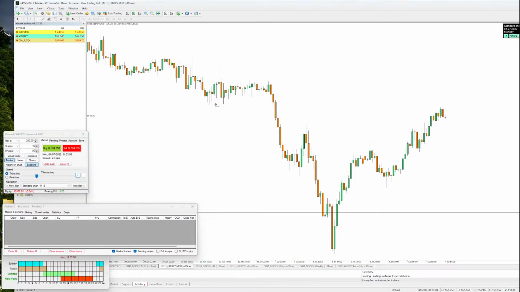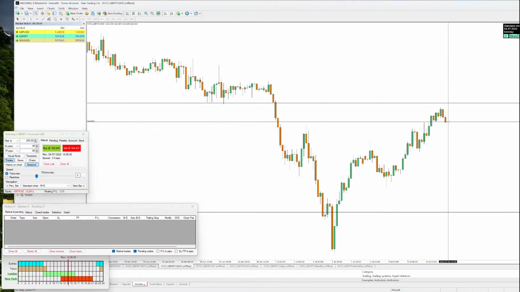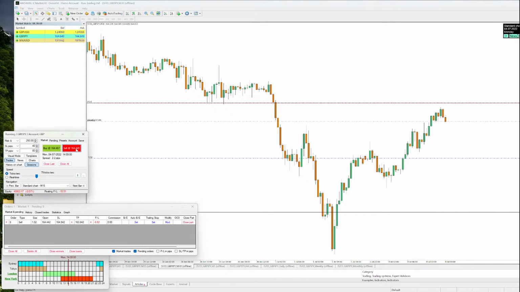We tapped this level. No, we haven't tapped this level yet. Let's see if we start breaking these lows. A sell would not have been too bad. 30 pips sell. Like here, it's not too bad.